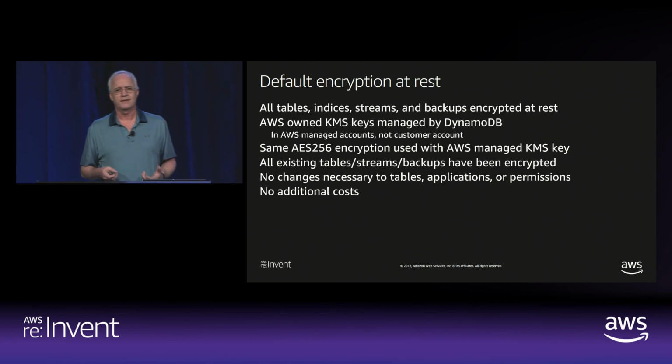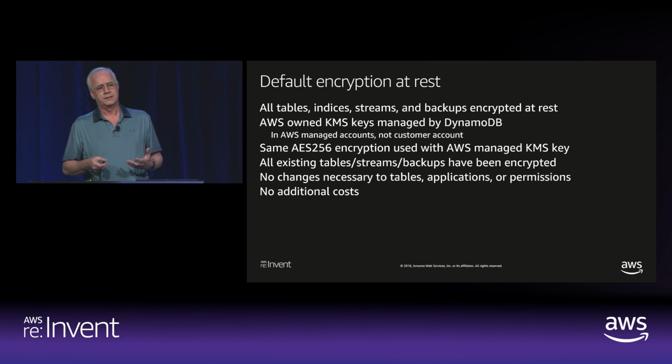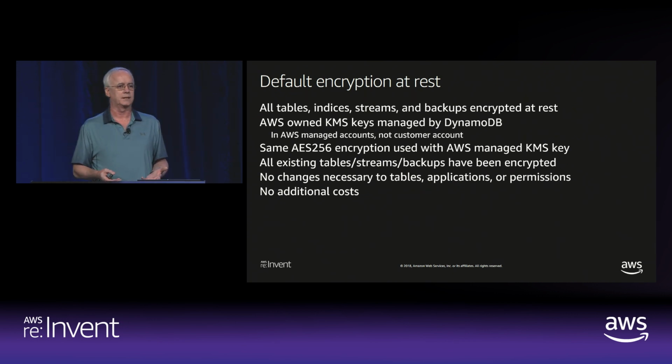If you have to have a key for some other reason, for a compliance reason or for some internal security reason, you have to have a key that's used within your own account and you have to have monitoring on that key, then you should use the CMK. The net effect from the two, there isn't a big difference. You have the data, it's all encrypted with the same technology, and it's protected the same way.